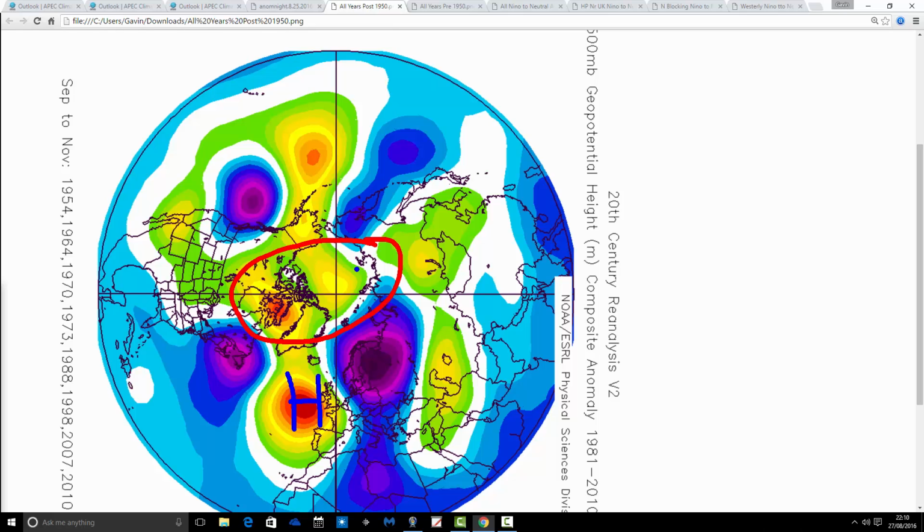So instead of being centred up over Greenland and the North Pole, the autumn analogues are generally centring the high pressure, the ridge, just to the west of the UK. And we have this deep trough over Scandinavia, which elongates down into Central Europe. It's a subtle difference, but it's important because it's nowhere near as blocked in terms of northern blocking, and it's generally more of an Atlantic driven signal for us.